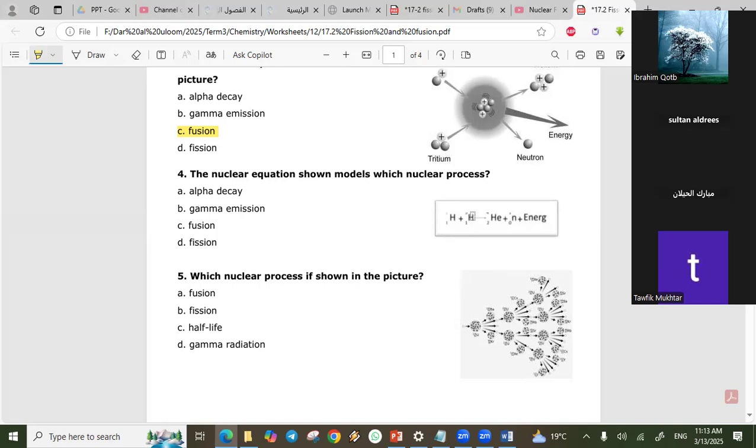This is fission. This is gamma emission, sorry. Fission or fusion? Fusion. Very good, because we have two small nuclei and they give us one bigger nucleus.